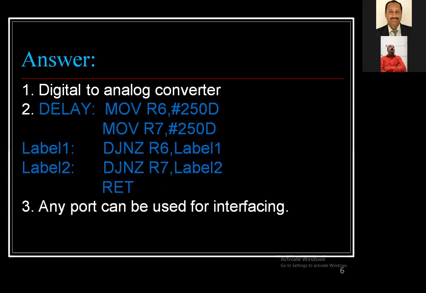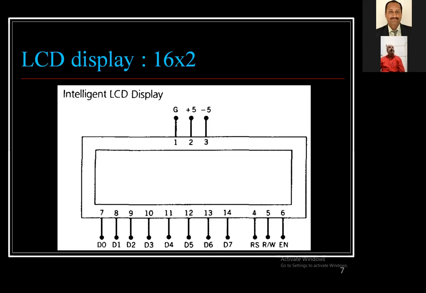If you need more delay, you can call the same delay again and again: call delay 1, call delay 1, call delay 1, like that. So it is going to give a delay of 1 millisecond, 2 millisecond, and so on. This is the prerequisite.